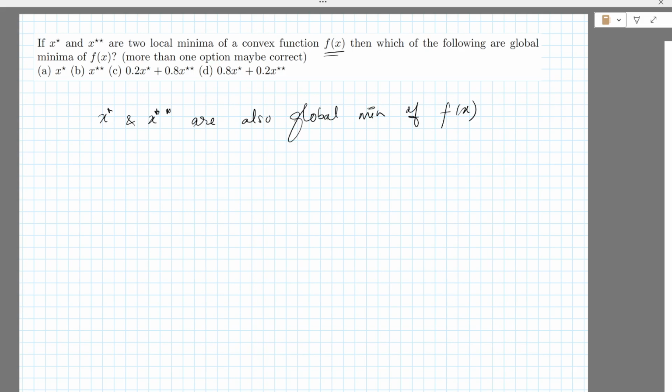They are asking which other points are global minima of f of x.